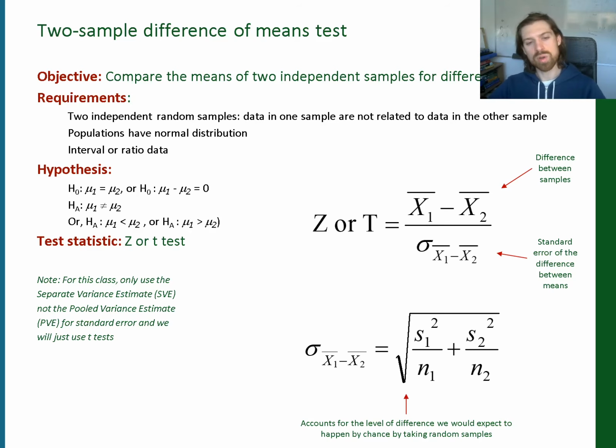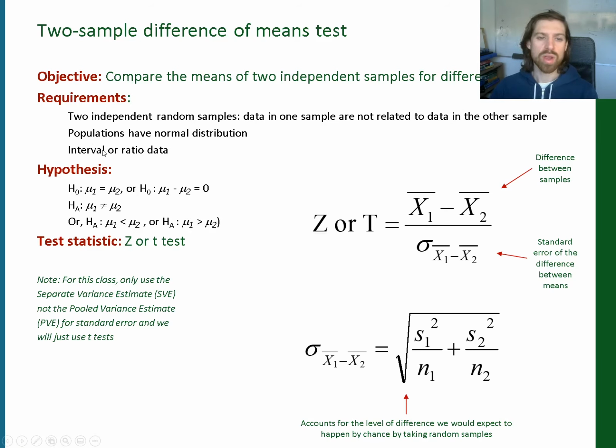So when we present these tests, and also when they're presented in the book that you're following, there will always be these requirement boxes, and it basically just says, in this case, we need to have 2 independent random samples. The populations need to be normally distributed, so they need to have a bell-shaped curve distribution, the Gaussian curve, as it's been called before, after the person who first hypothesized that distribution.